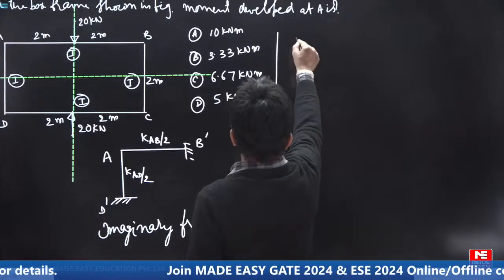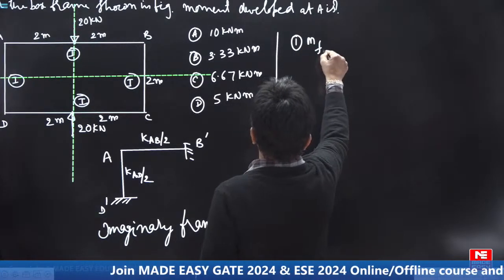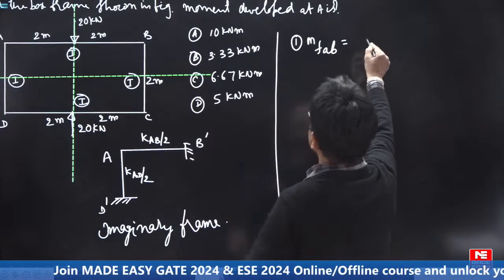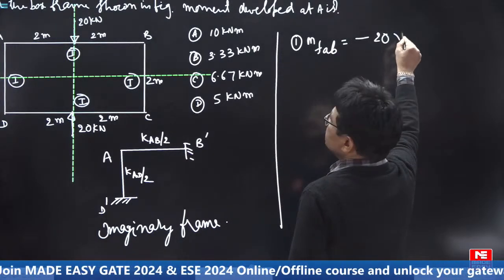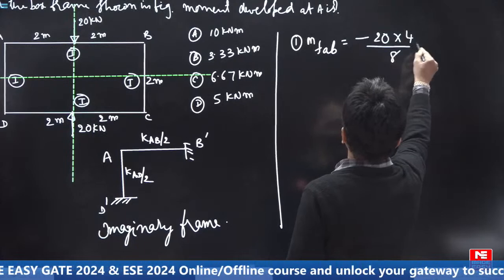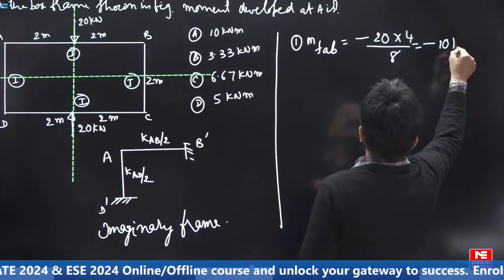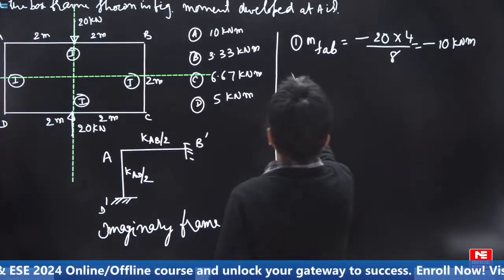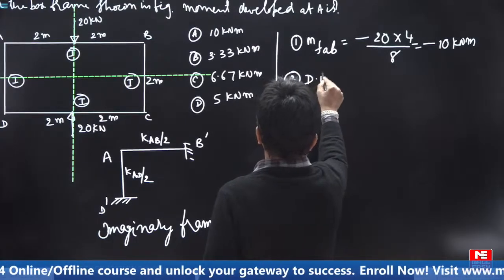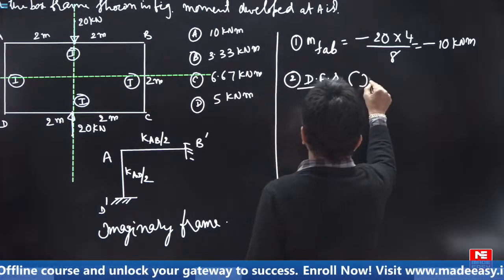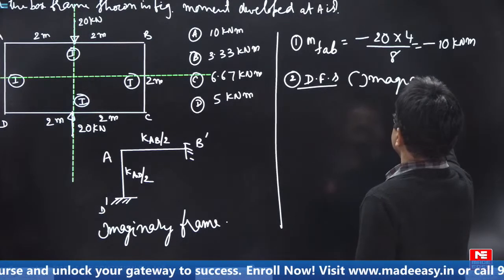This is the process. Only MFAB is enough. WL by 8 minus W into L by 8. How much you will get? Minus 10 kilonewton meter. Then second step, distribution factors. This is for whom? Imaginary frame.